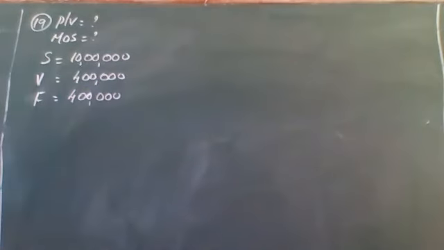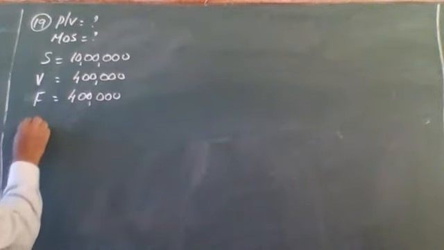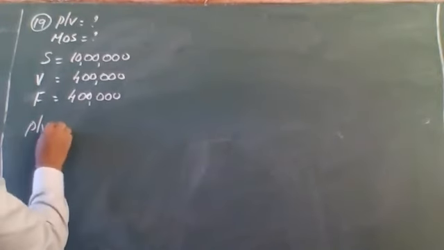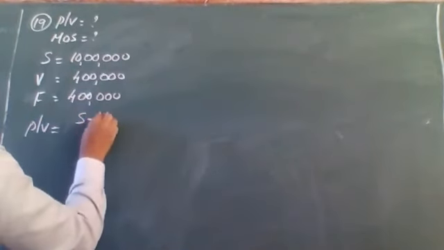This is what is given to us. It's a straight question. You have the sales, you have the variable cost, you have the fixed cost. PV ratio and MOS. What is the formula for PV ratio, guys? PV ratio is equal to contribution by sales into 100.